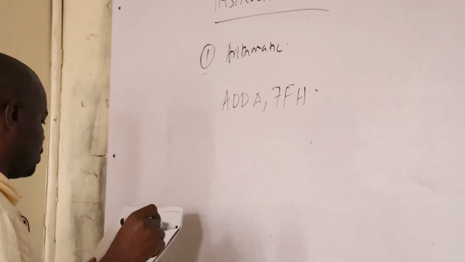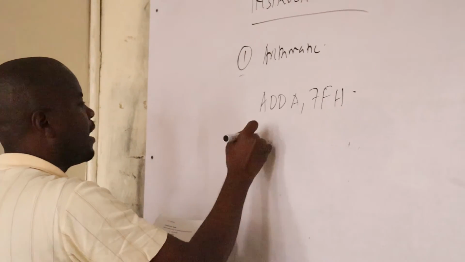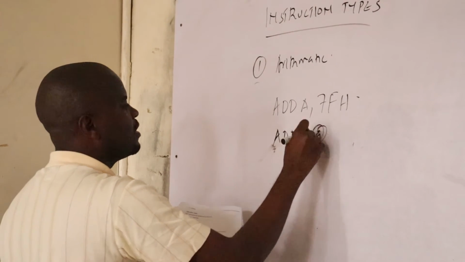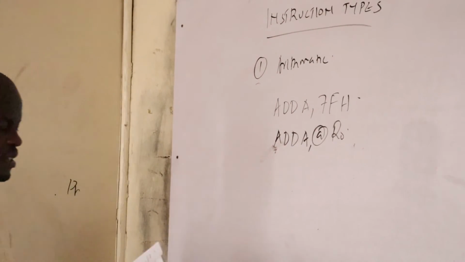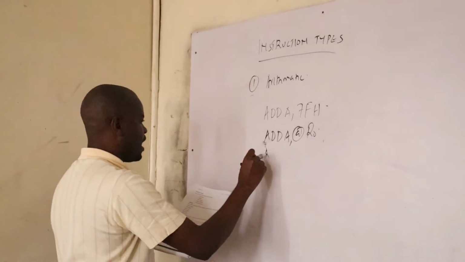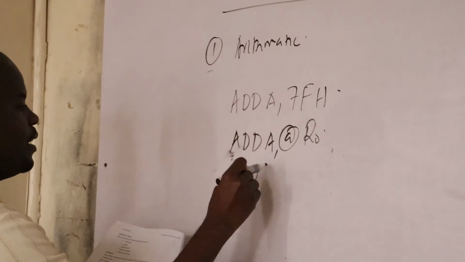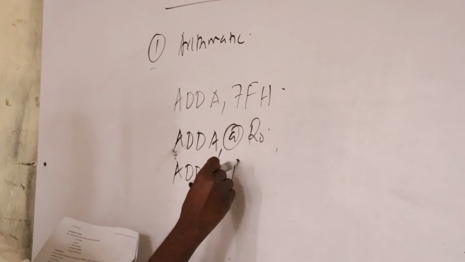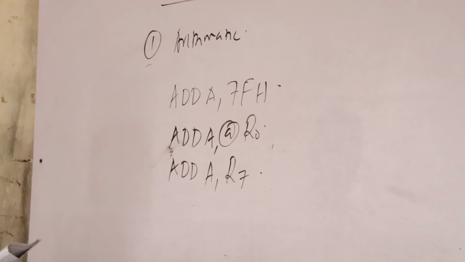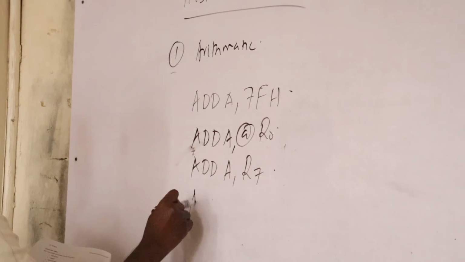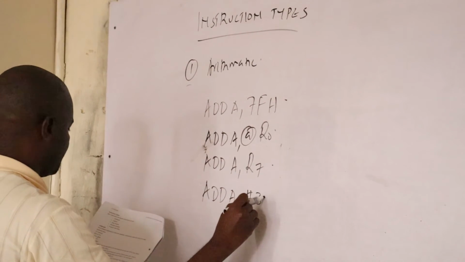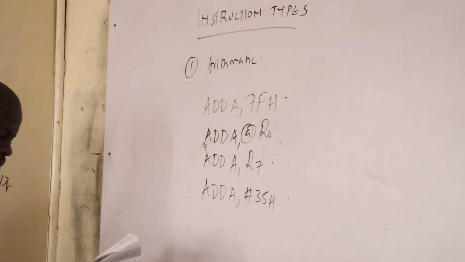We can also have an instruction like ADD A, @R0. That is register indirect, or simply indirect addressing. We can also have ADD A, R7. In that case, that is register addressing mode. And then you can also have ADD A, #35H, that is immediate addressing.